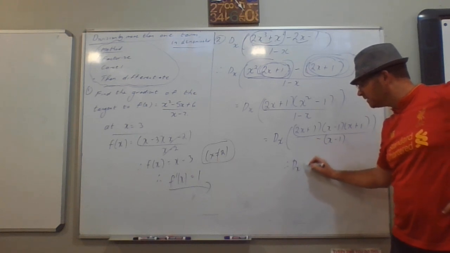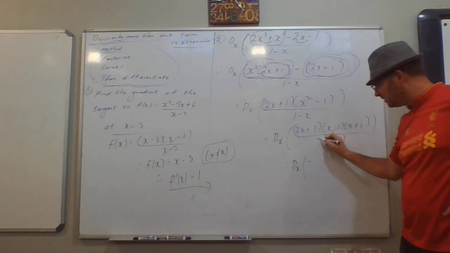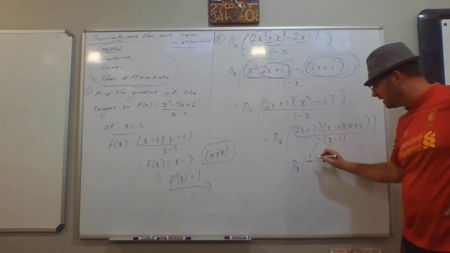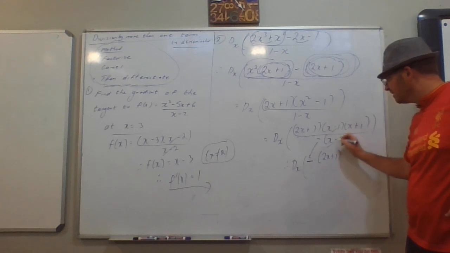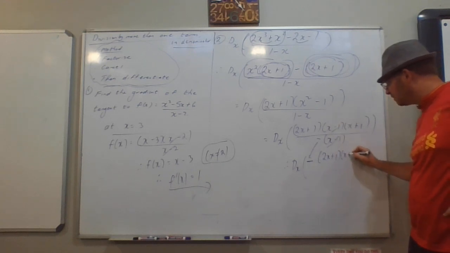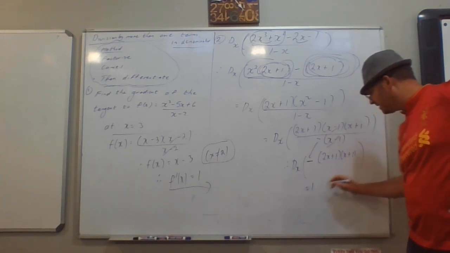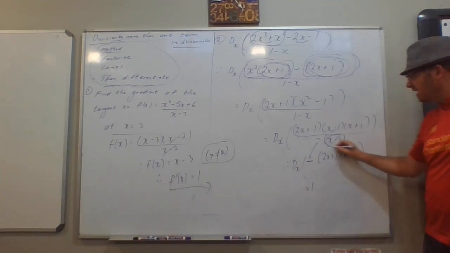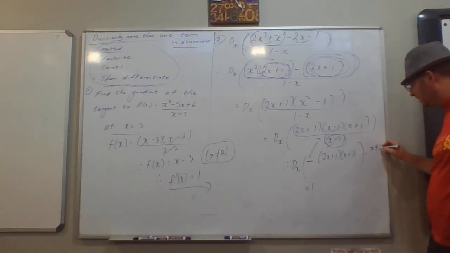So I'm going to be left with the derivative, the x minus 1's cancel, of negative, I've still got that negative over there, negative (2x plus 1) times (x plus 1). I still haven't differentiated, and I should write here that x cannot be 1.